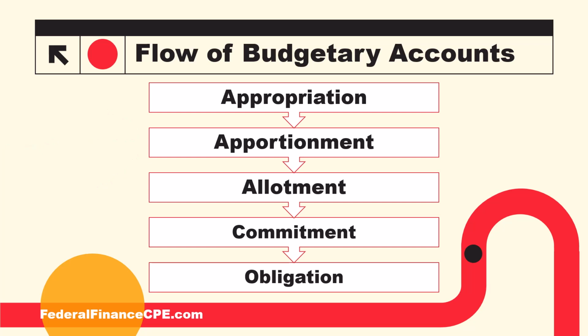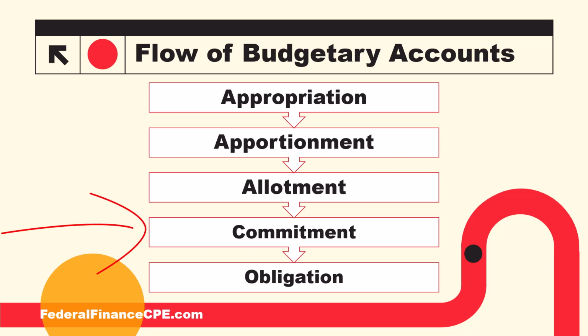Next comes allotments. Now your agency is dividing and controlling the apportionment of money between different programs and offices of your agency, just like you might divide your household budget between different needs. After that, we reach commitment.